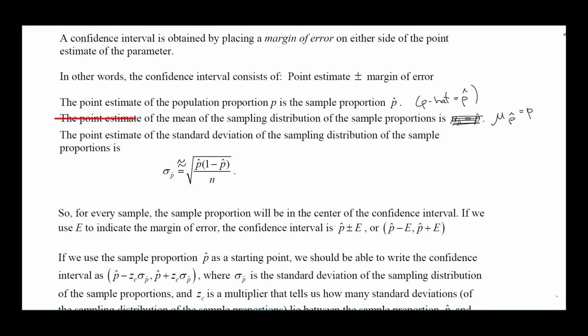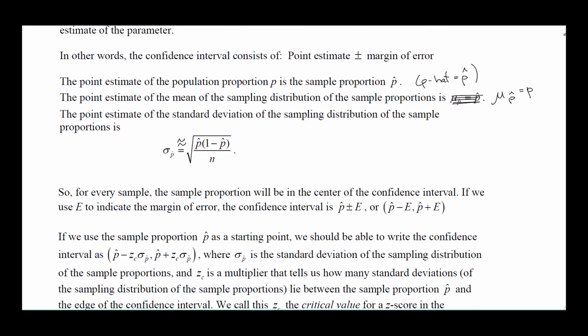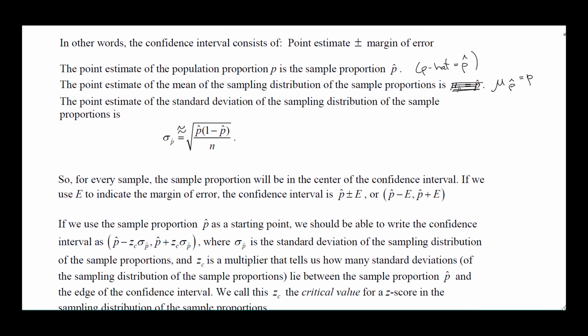Okay, and so we're going to do our point estimate, which is going to be our sample proportion. We're going to use that as our starting point, and we're going to add and subtract our margin of error, and our margin of error is going to come from taking a critical value, in this case z, and multiplying it by that estimate of our standard error. So that z, that critical value, is a multiplier.